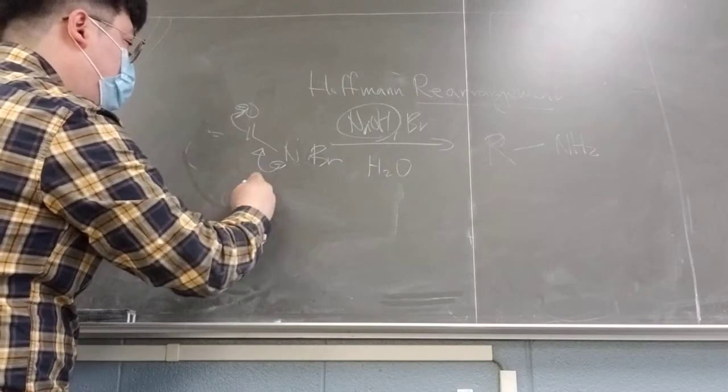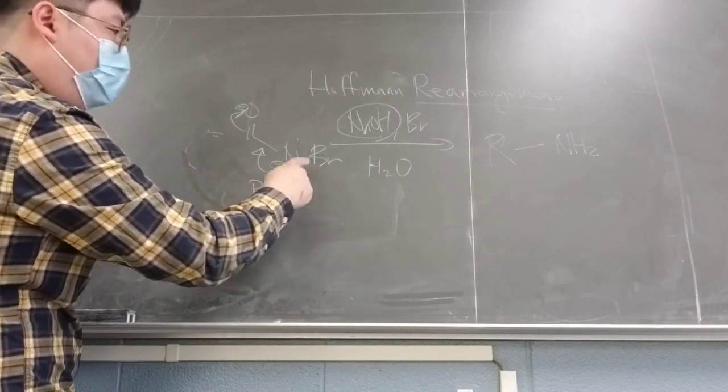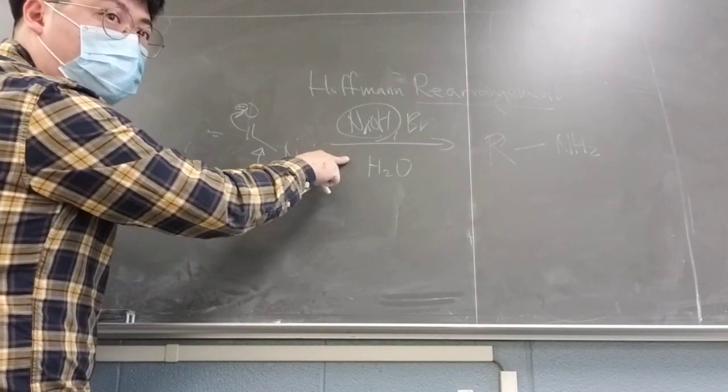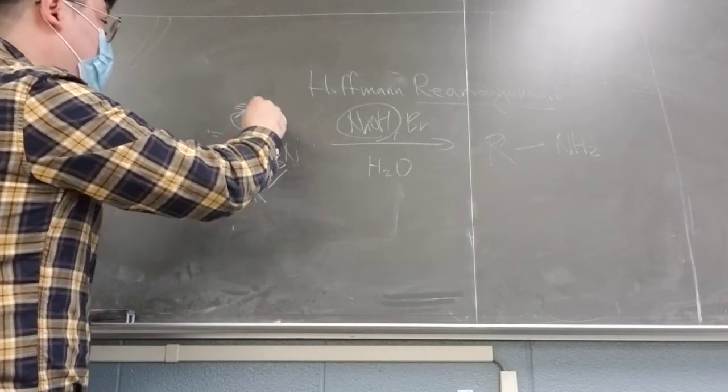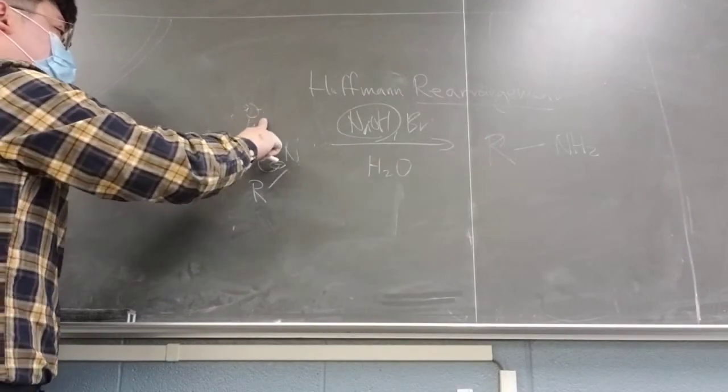So R goes from the carbon to the nitrogen, and the bromine leaves because there is another donation of electrons that pushes out the leaving group, which is a pretty good leaving group, right? And it goes back to the double bond again.